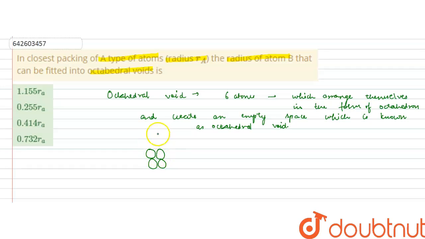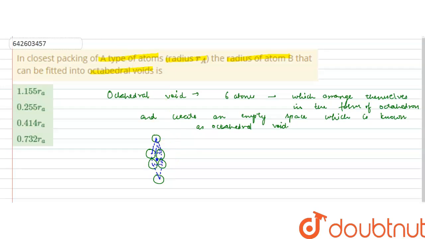So in one dimension we can represent those atoms as above and below as like this. Now they will form an octahedron like this. And an empty space here, the octahedral void would be present.